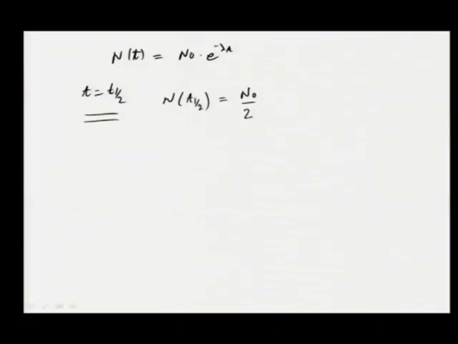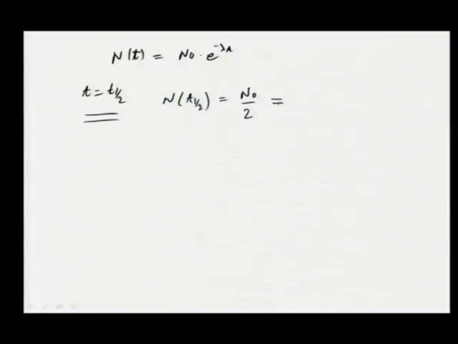So, we started at time t equal to 0 with N_0 nuclei, and after t half time we have N_0 by 2 nuclei in the sample.